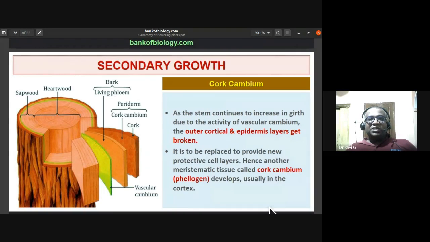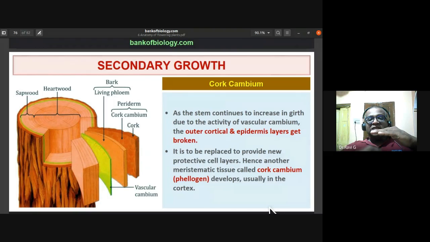I always remember phellogen as PG. I write PG in the center, and I write PH above and PD below. So the cork cambium towards the outer side produces phellem or cork, and towards the inner side it produces the phelloderm, PD.